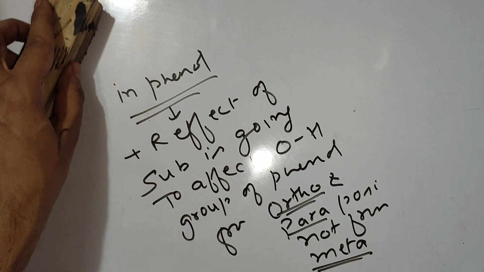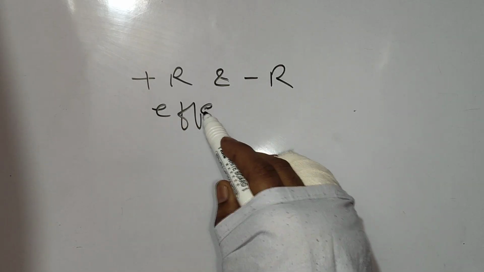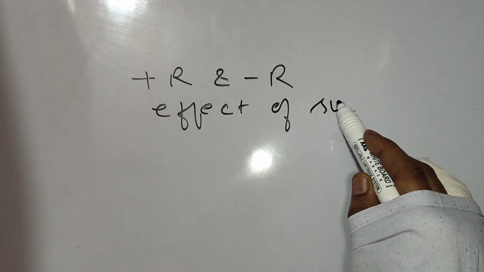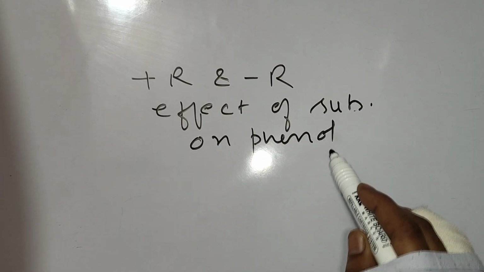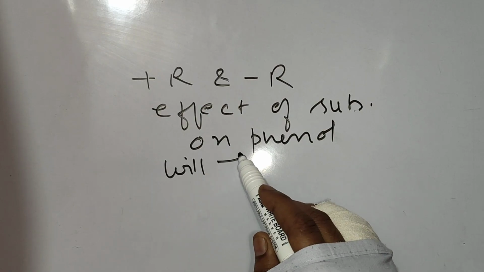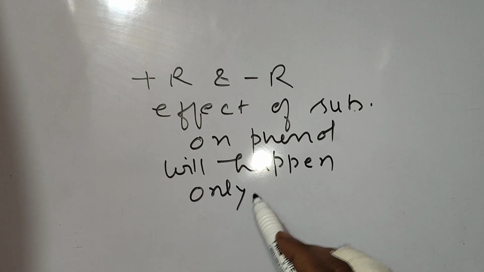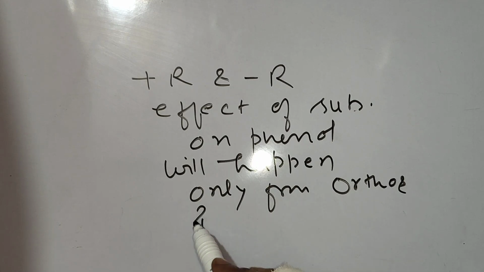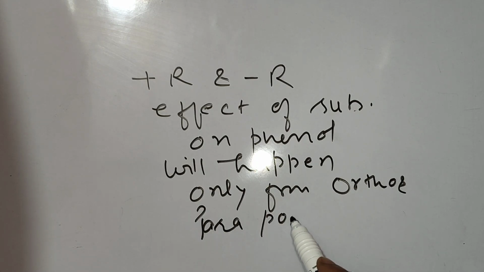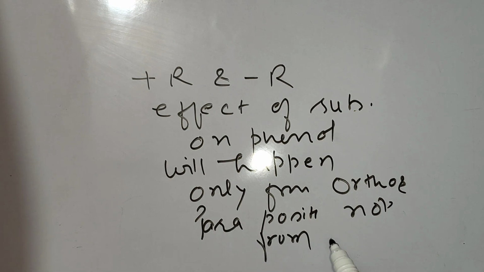So the final conclusion is, if I say plus R and minus R effect of a substituent on phenol will happen only from the ortho and para positions, not from meta.